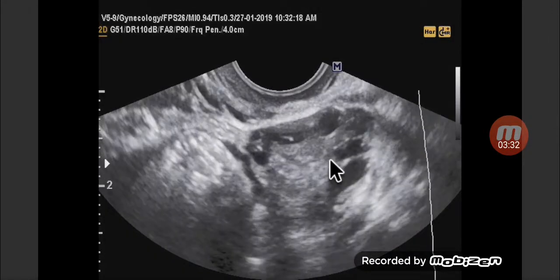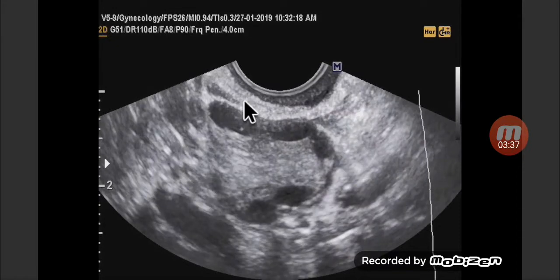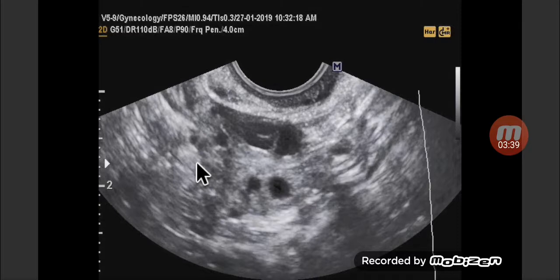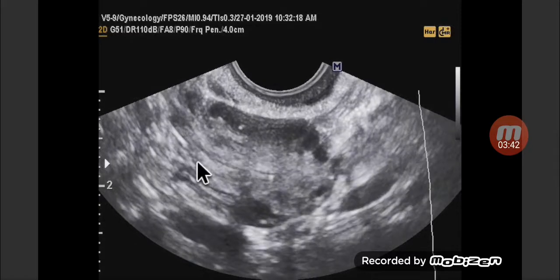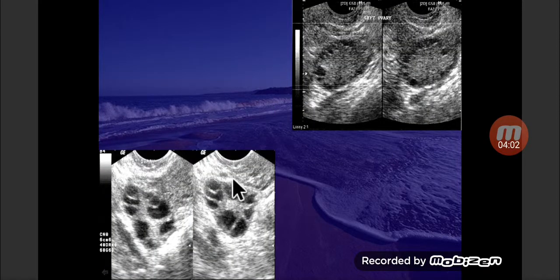Plenty of these. You can have a generalized distribution, you can have a peripheral distribution. You're supposed to be looking at stromal echogenicity. Stromal PCO is more echogenic. Area and volume also increase because these follicles become atretic, keep on settling in the ovary, and you have enlarged, much more echogenic stroma. Much more of stroma, many more of the cystic components.